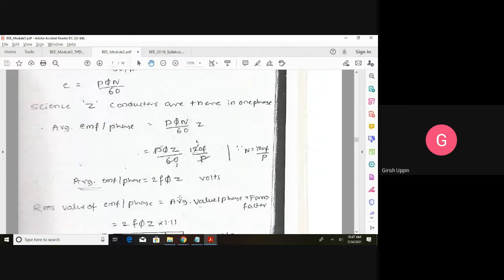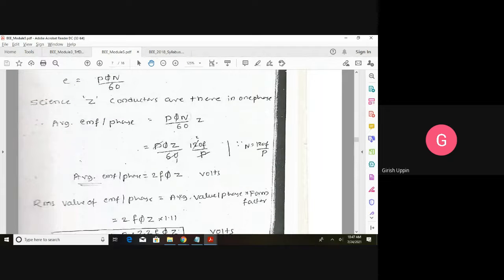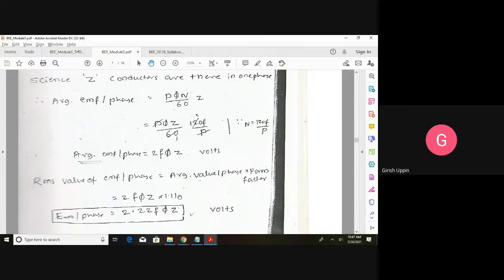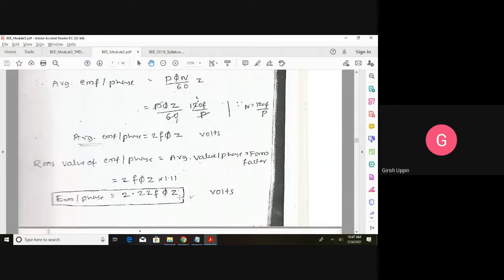Now this is the average value. You remember we represent the alternating quantity most frequently in the RMS value, and there is a relation between the RMS value and the average value given by the form factor. What is the form factor? Form factor is the ratio of the RMS value to the average value. So RMS value is equal to average value into the form factor. Therefore, RMS value of EMF per phase is equal to average value per phase into form factor.